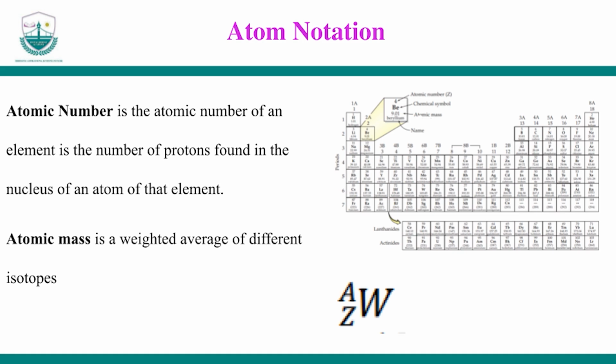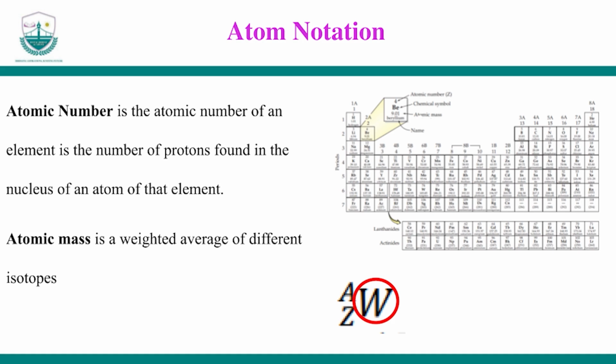Now, using the illustration on the slide, W is standing in for the symbol of any element. So W can be any element. It can be sodium, it can be chlorine, it can be the symbol of any of those elements or other elements that I've not mentioned.